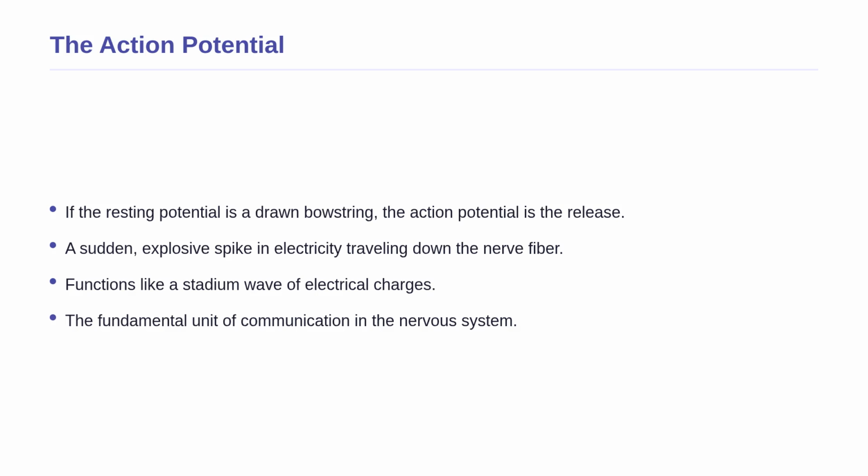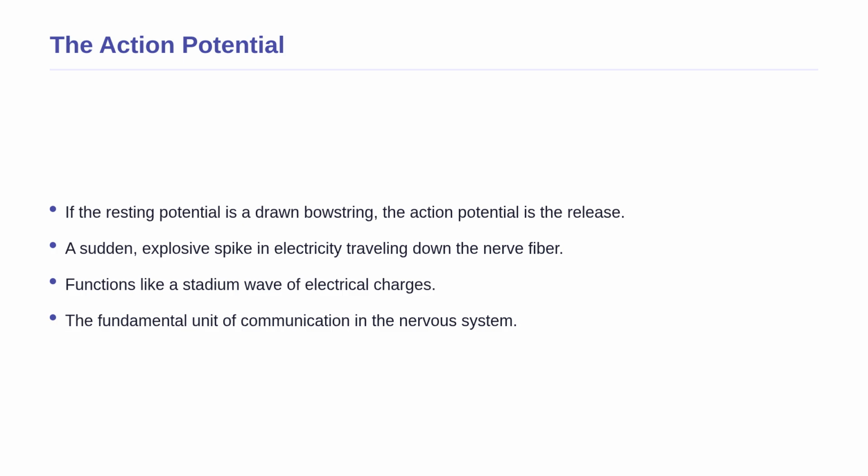With the resting state fully established, we can now explore what happens when the neuron actually sends a message. If the resting potential is a drawn bowstring, the action potential is the release of the arrow. Imagine you are at a sports stadium and the crowd starts doing the wave. One person stands up, throws their arms in the air, and sits back down, triggering the next person.